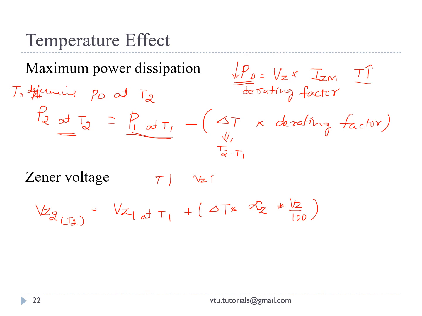Okay. And here delta T is again the change in temperature, T2 minus T1, and alpha Z is the reverse temperature coefficient of Vz in percent per degree centigrade, specified by the manufacturer.